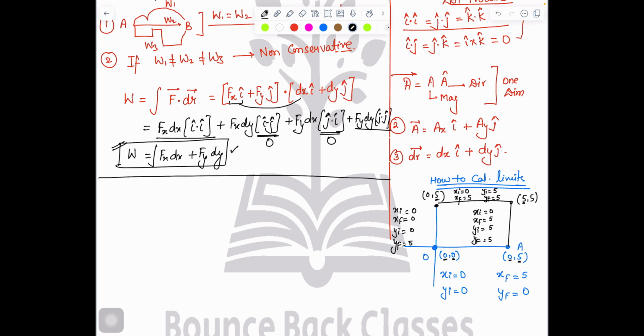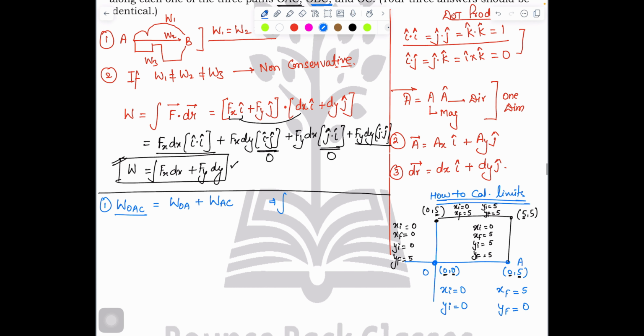Use this formula and solve it. So we have work done along OAC, divided into two parts. Work done along OA, work done along AC. So what should be the formula of work done? We already solved. What is F? 3 and 4.